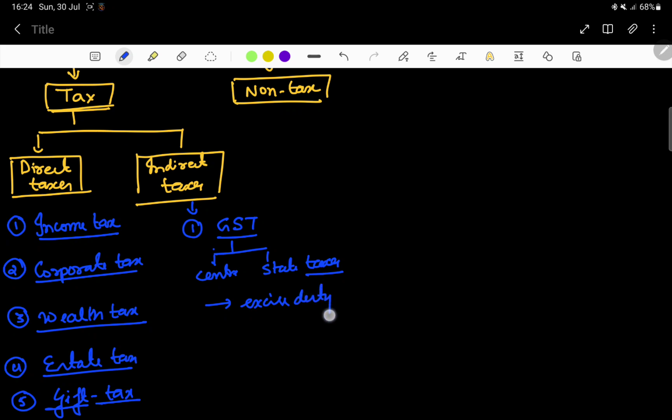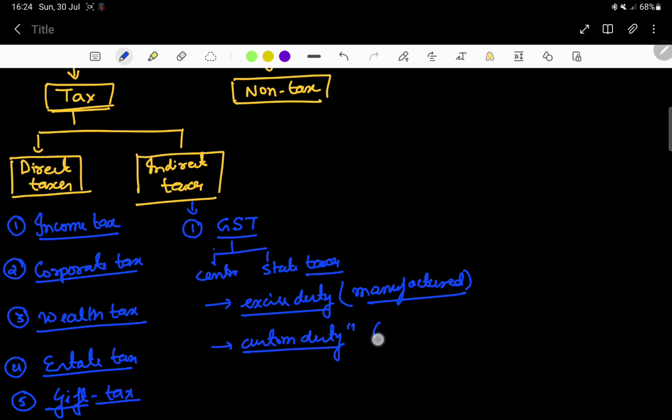You know, excise duty is imposed on manufactured commodities. So manufactured commodities have to be paid with excise duty. Then you had customs duty. Customs duty belongs to imports entering into your economy.